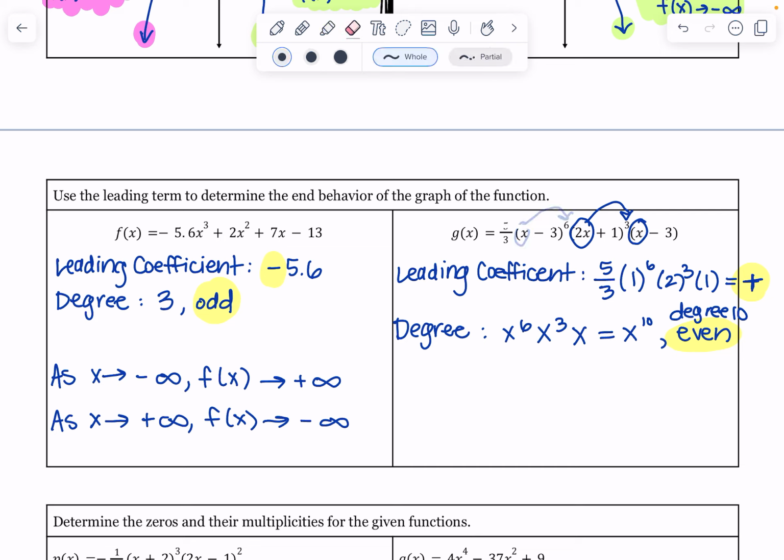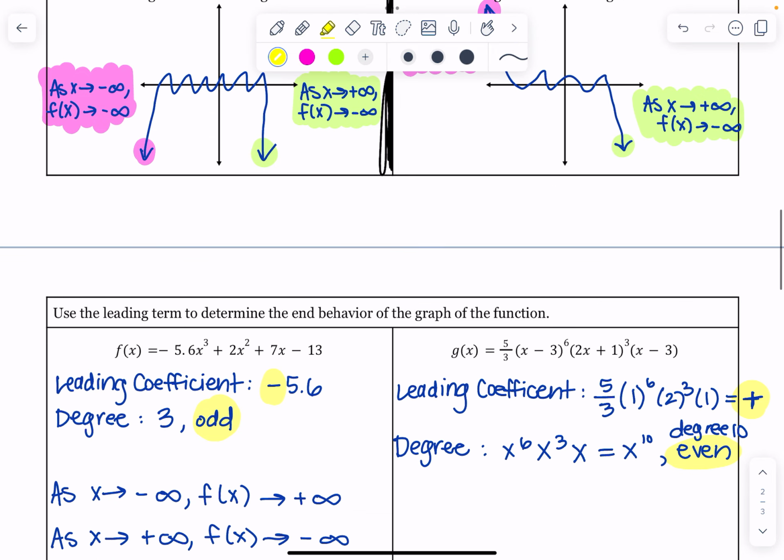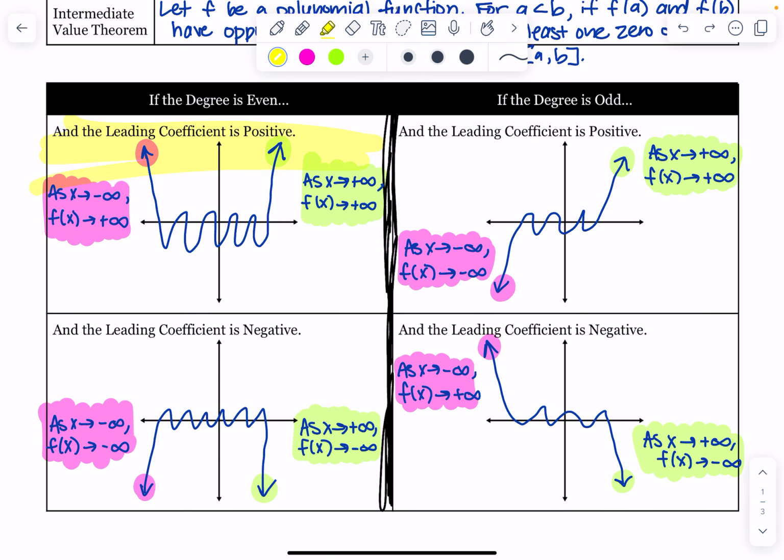I don't want to. Okay, so we are looking at, on our chart, where the leading coefficient is positive and the degree is even. So I have no clue what this crazy function is going to look like, but I know that my end behavior is going to be this box right here, because the degree is even and the leading coefficient is positive.